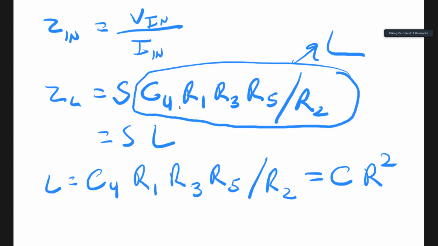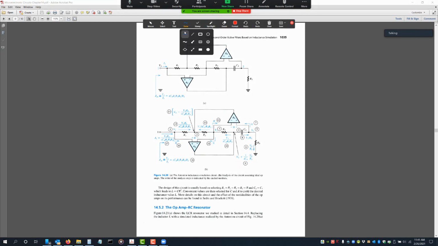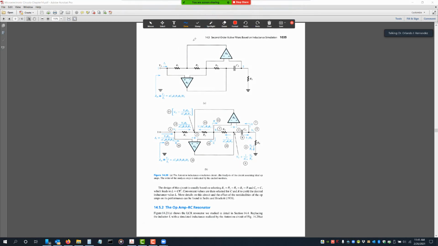So let's look at some figures related to this, so you can see what the circuit looks like. Page 1035 of the book. You can see what the circuit looks like here.